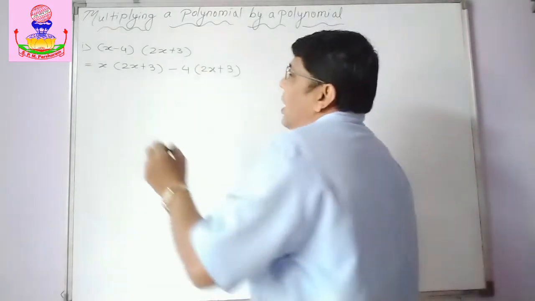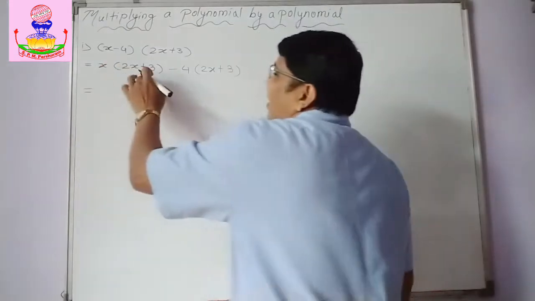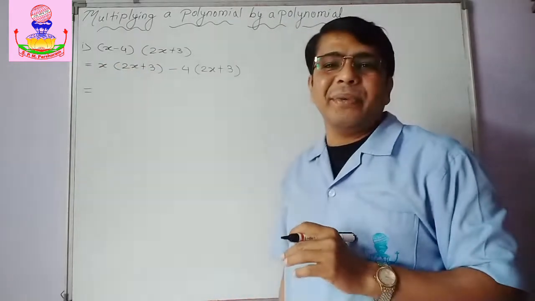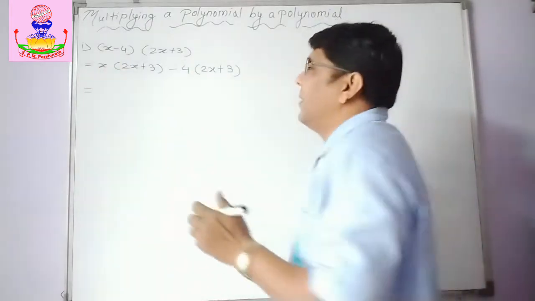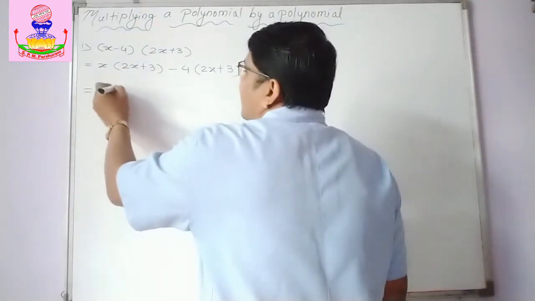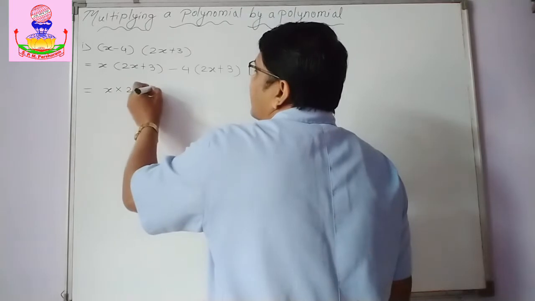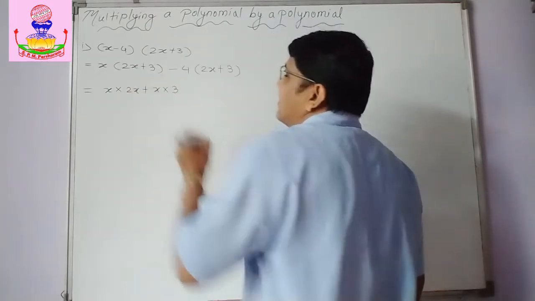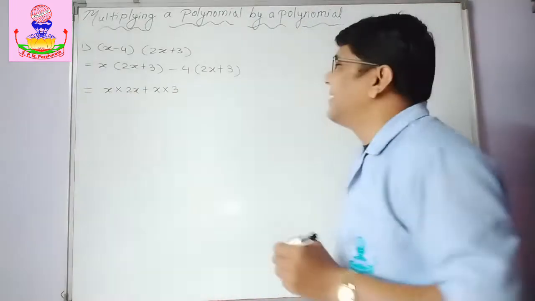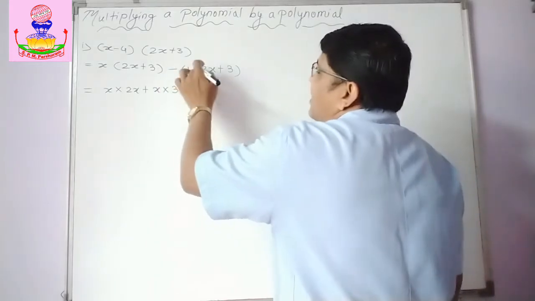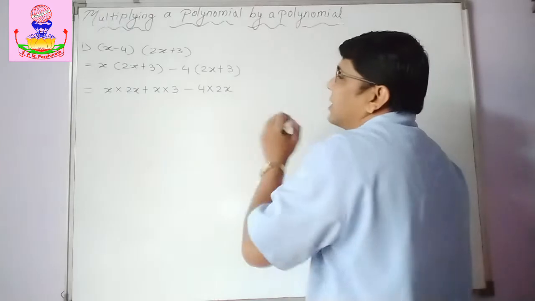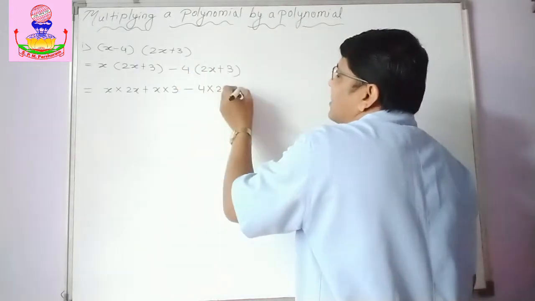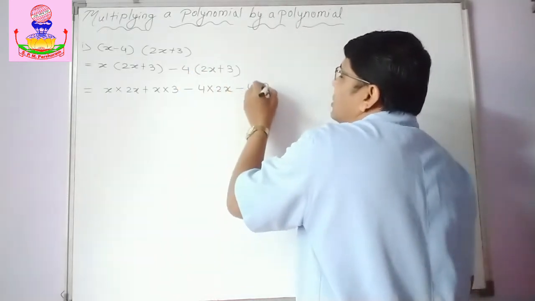Okay, so what to do? Law of distributivity. Okay, so open the brackets and multiply. So x into 2x plus x into 3, right? Then minus into plus, minus 4 into 2x, minus into plus, minus 4 into 3.